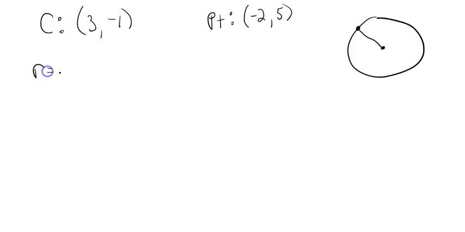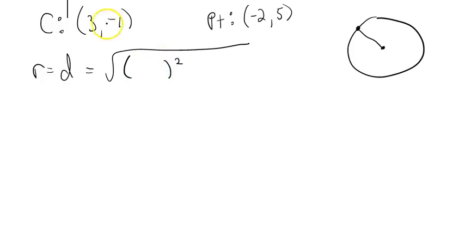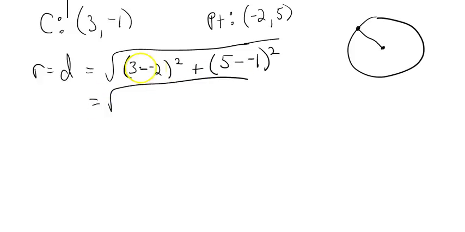My radius is going to equal my distance, and so I'm going to use that distance formula and figure out what that is. So I have the square root of (x minus x) squared, so 3 minus negative 2, squared, plus (y minus y), and I like my minus negatives, so 5 minus negative 1, squared. And continue on with my calculations.